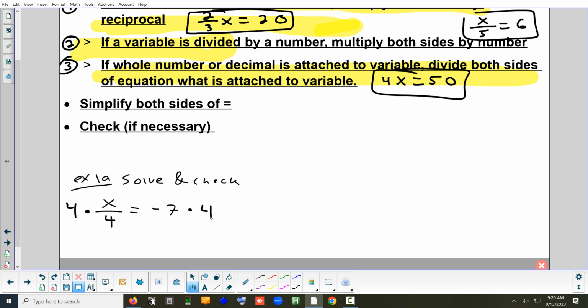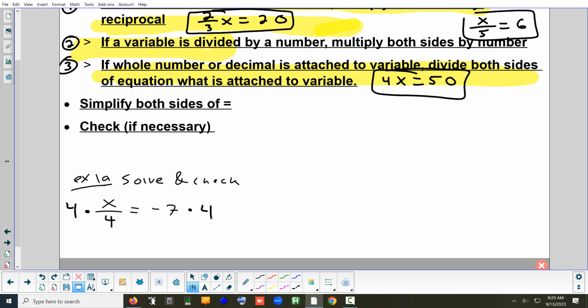So now, what happens on the left if you do 4 times x and then divide by 4? It's just x.